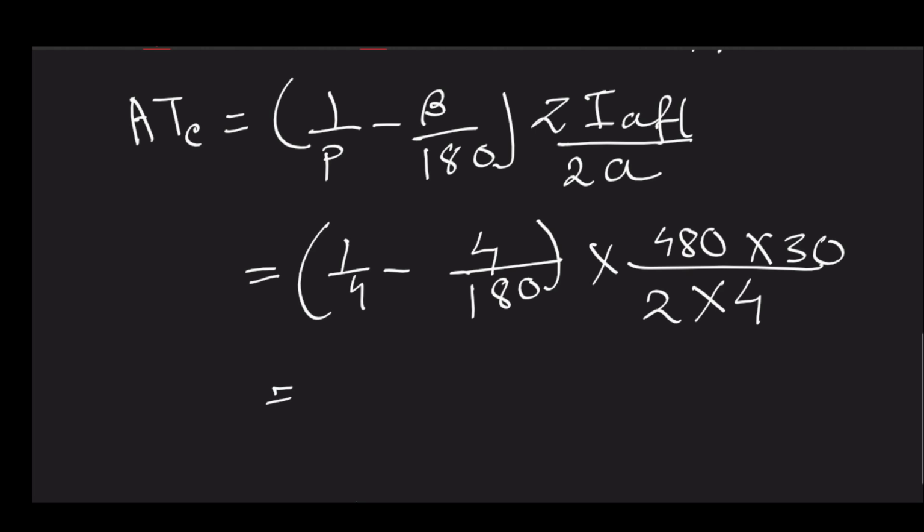Here it means the answer is also incorrect. What is 4 by 180? This is 360.